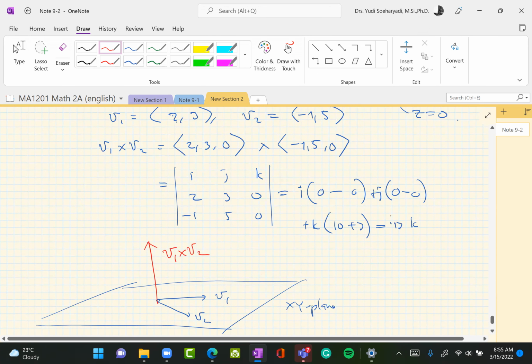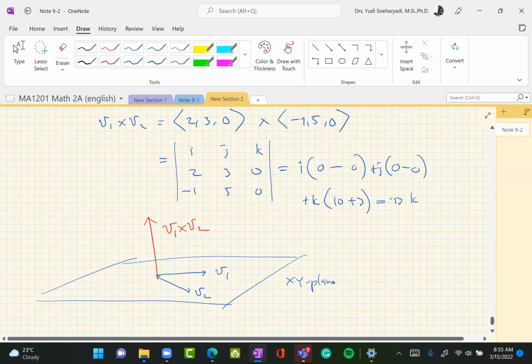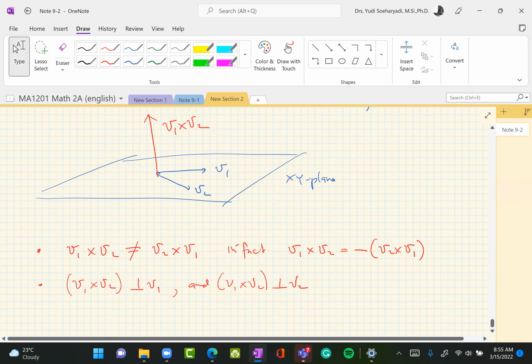This is what we have here. In fact, you can do this in general. You have two vectors with components A1, B1 and A2, B2. Then the product is just a vector in the k component. So it goes outside the plane.